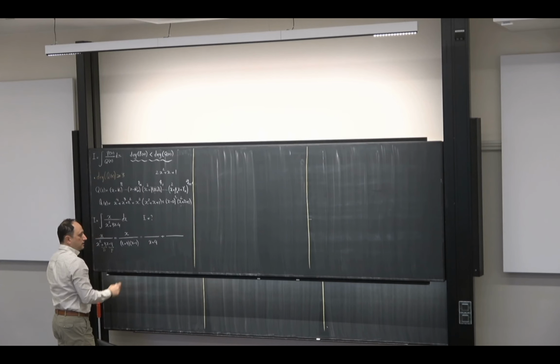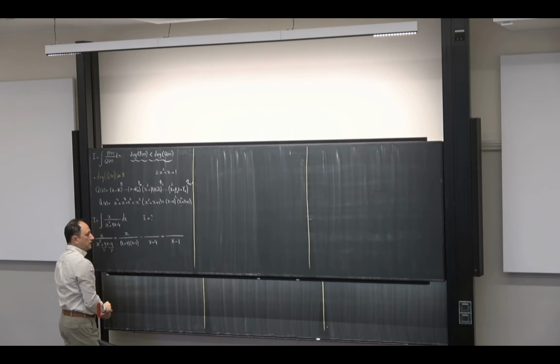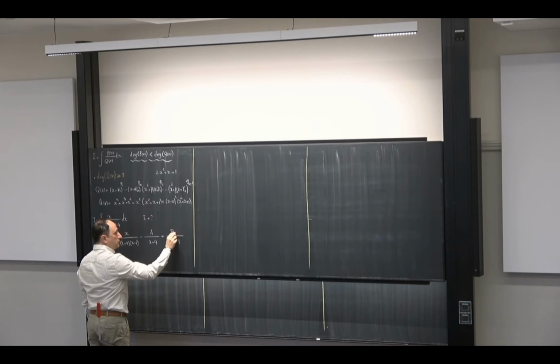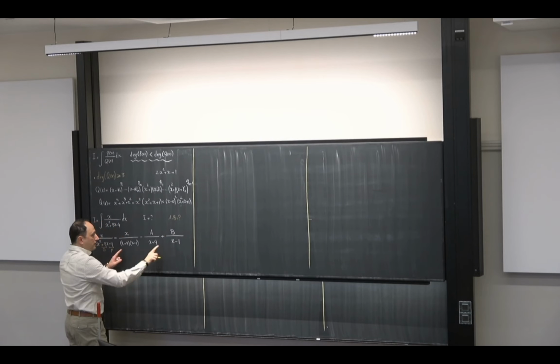In the denominator of the second one, you put the second factor. But there is no guarantee that this equality works. You need to put some coefficients up there. For example, for this one, I put A. For this one, I put B. And I ask myself, how can I fine-tune A and B so that this holds?